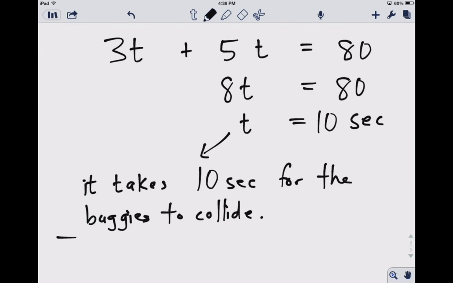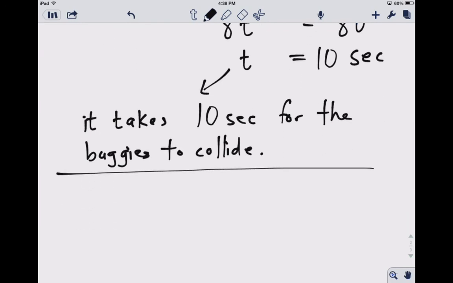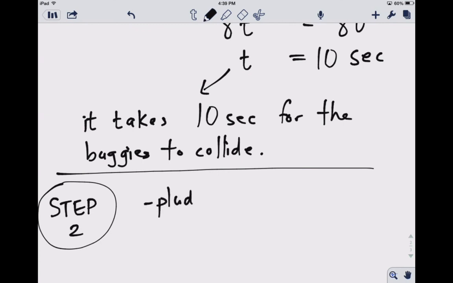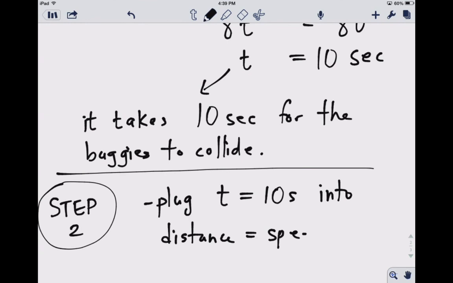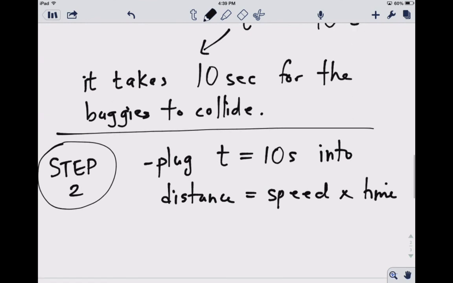Here's where this is going to help us in step 2. Step 2 is to figure out the distance they travel. To do this, I'm just going to plug t equals 10 seconds into distance equals speed times time for each of the buggies.